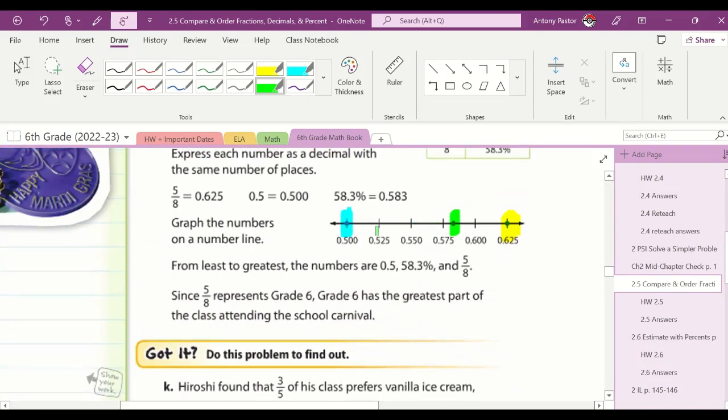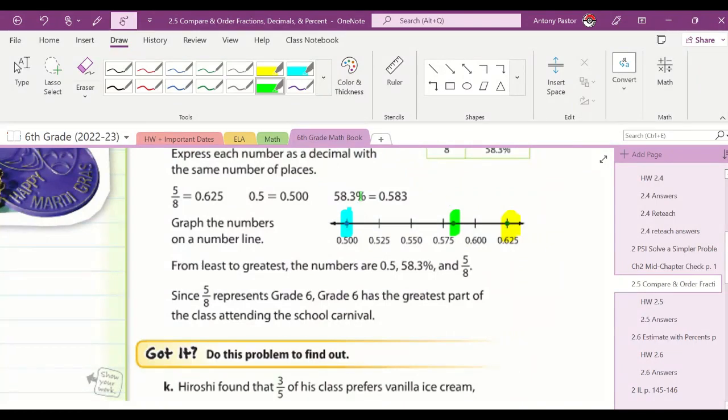And then again, they did this by turning all of these into decimals because it is really simple to do this. If you were to convert 0.5 into a fraction, it would be 5/10. Then converting this into a fraction is going to make your head hurt. You would end up having to change every fraction to have a denominator of 1,000.